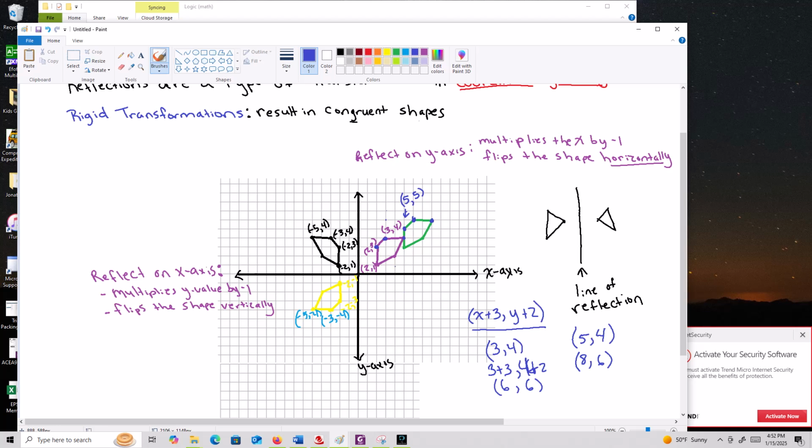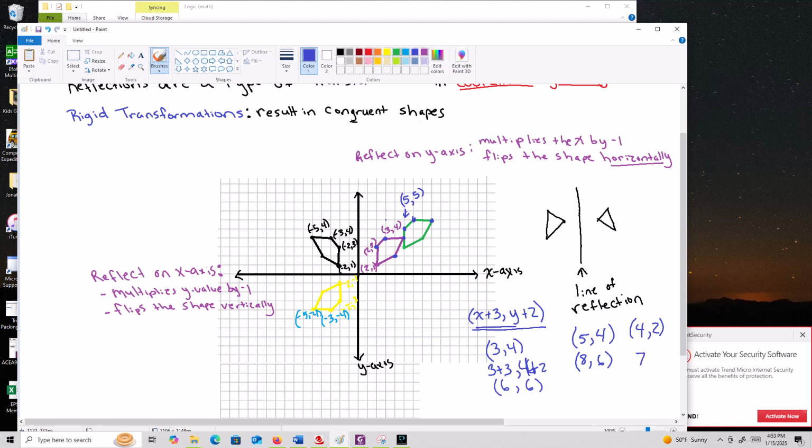The next point is 1, 2, 3, 4. And 1, 2. 4, 2. That is this point right there. Okay, so 4 plus 3 is 7.